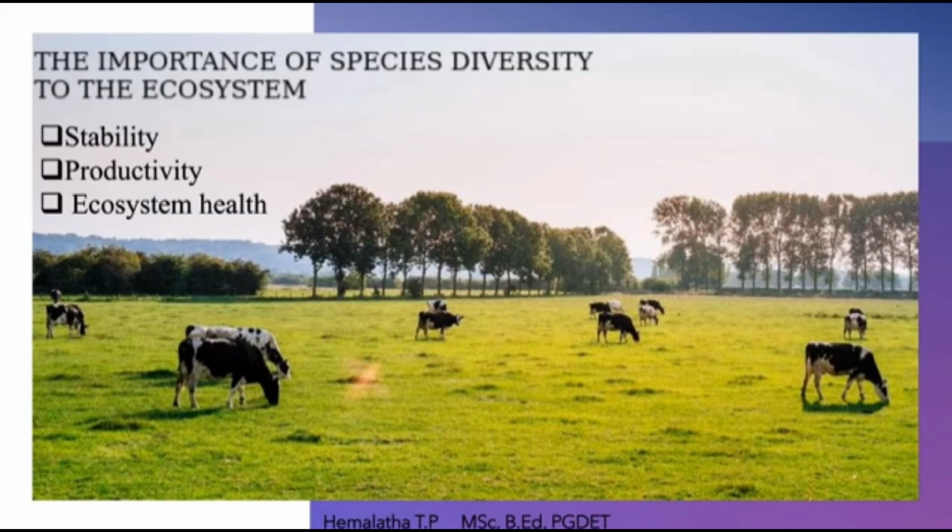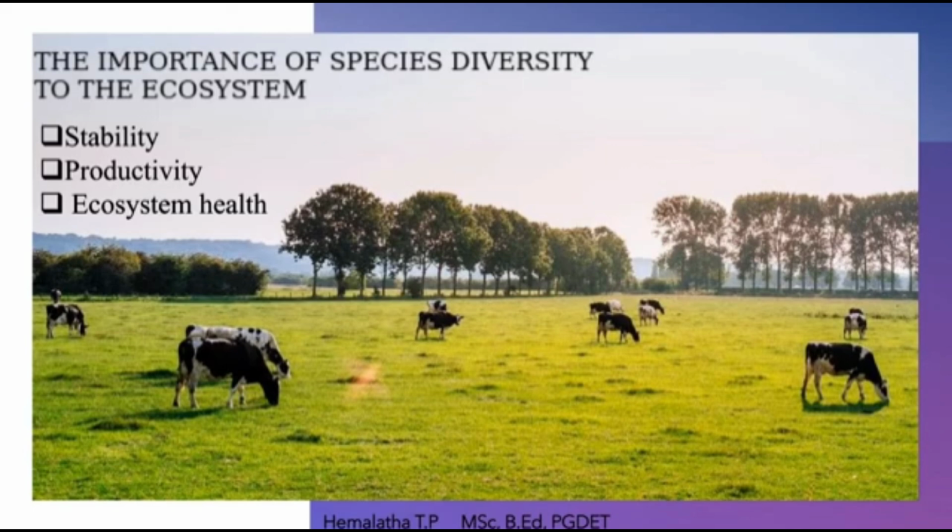So if one organism or one kind of species gets reduced, then obviously the entire link will be imbalanced. That is why the complete ecosystem health is based on the varieties of organisms which are there in the ecosystem. So this is how species diversity in this ecosystem is very important for the maintenance of life on this earth.